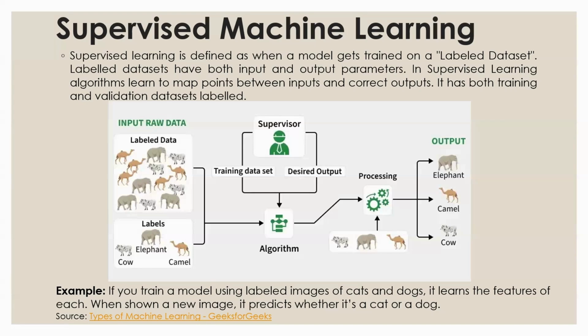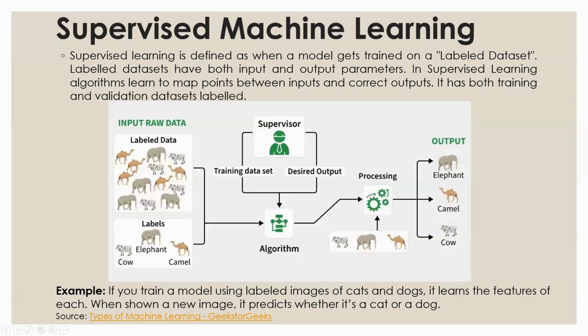If this is a heavyweight animal, it must be an elephant, or something. So that's how it will train itself: these characteristics belong to this kind of animal, right? Similarly, if the height is very high, it will say that it must be a camel. So it learns from the training data set.